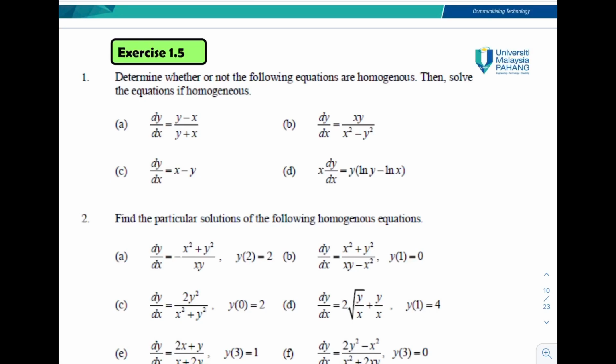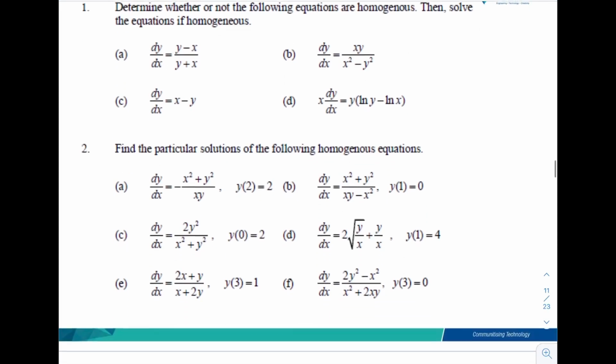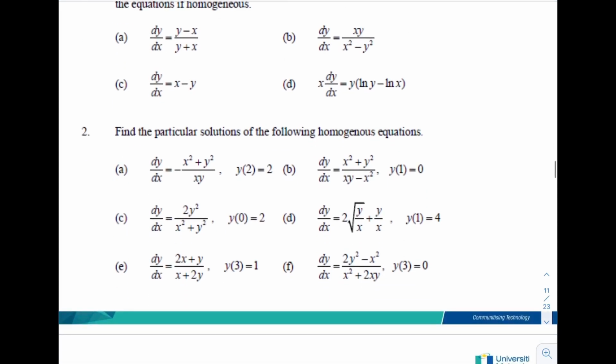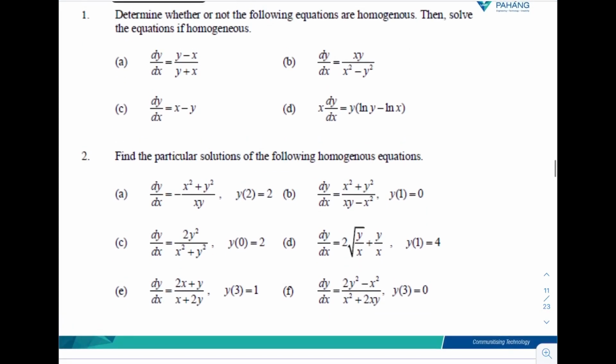For the first question, you have to check whether or not it is homogeneous, and if homogeneous, you have to proceed with the method, and then find the particular solution. I hope you can do a lot of practice, because if you do not do the exercise, you do not face the challenge, so you don't know how to do it. Okay, so good luck everybody.